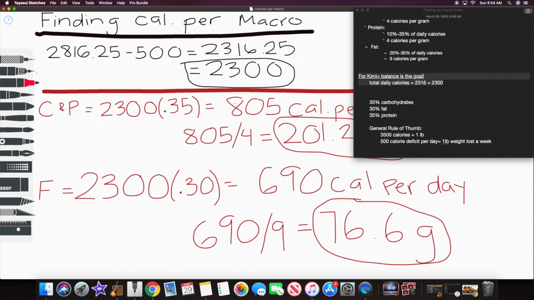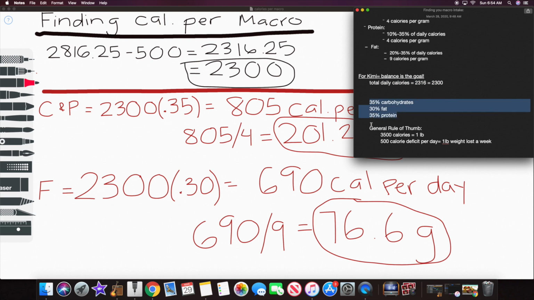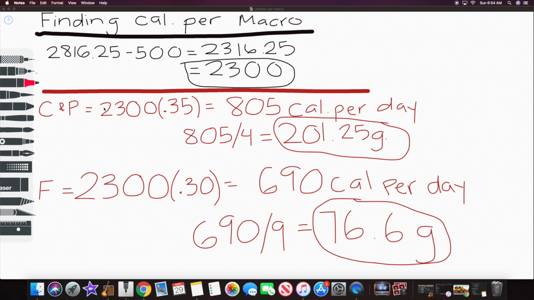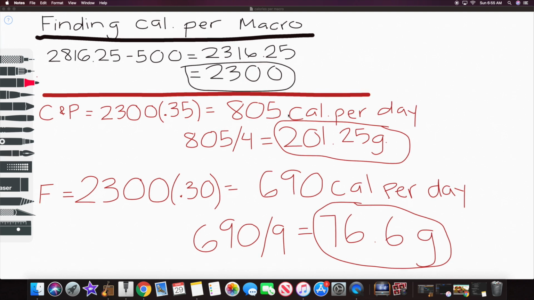So now we're figuring out how many grams we're allowed to have per macro. I'm going to be doing a balanced split, so 35% carbs, 35% protein, and 30% fat. The way I figure that out is I take my daily caloric cap, multiply it by 0.35, that's my 35%, and that gives me 805 calories per day.